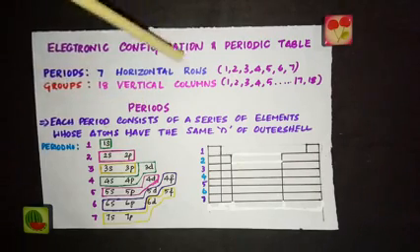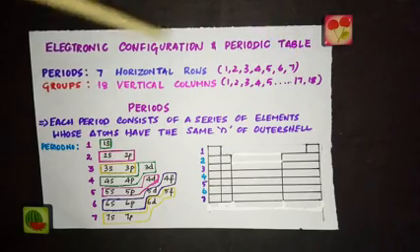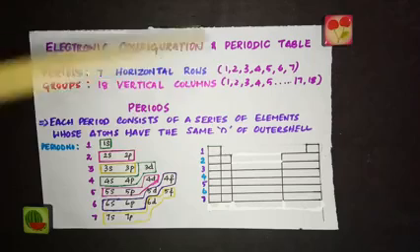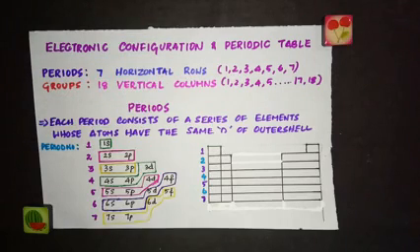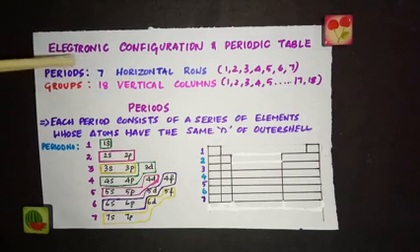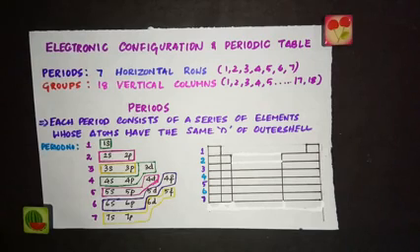So periods are numbered as 1, 2, 3, 4, 5, 6, 7. Same way groups are numbered as 1, 2, 3, 4, 5, 6 till 18. Not like Mendeleev's periodic table where he used Roman letters, Roman numerals 1, 2, 3. Here we just have numbers for periods 1 to 7 and for groups 1 to 18.